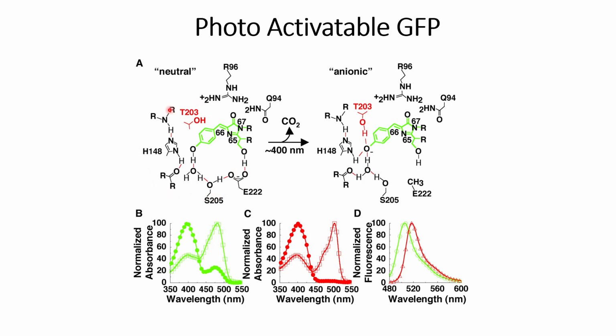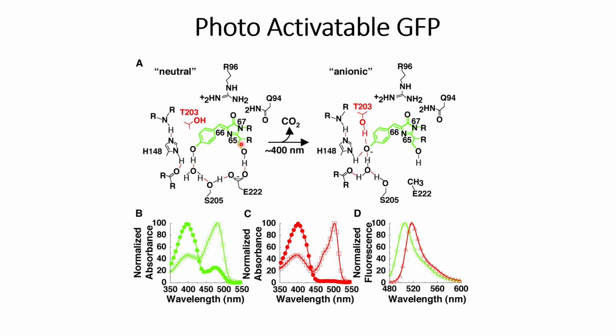The first one is the neutral condition and the other one is the anionic condition, and both of these conditions are able to emit fluorescence but at different wavelengths. However, after photoactivation, what has been found is that most of this neutral GFP is converted into the anionic GFP. Therefore, we will see more signals emitted from the anionic GFP than from the neutral GFP.